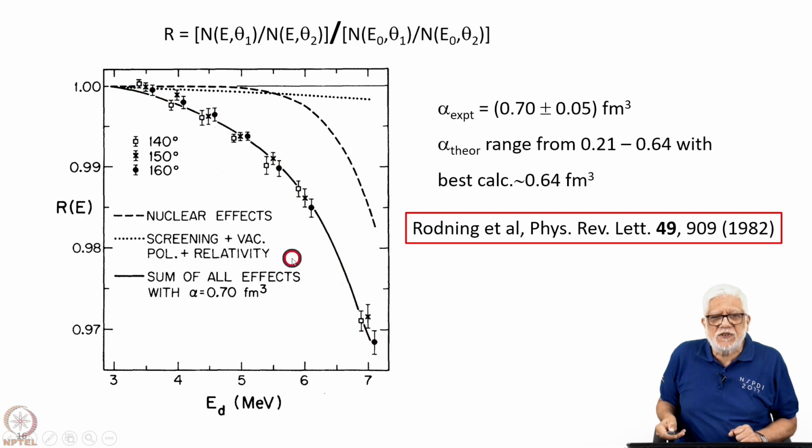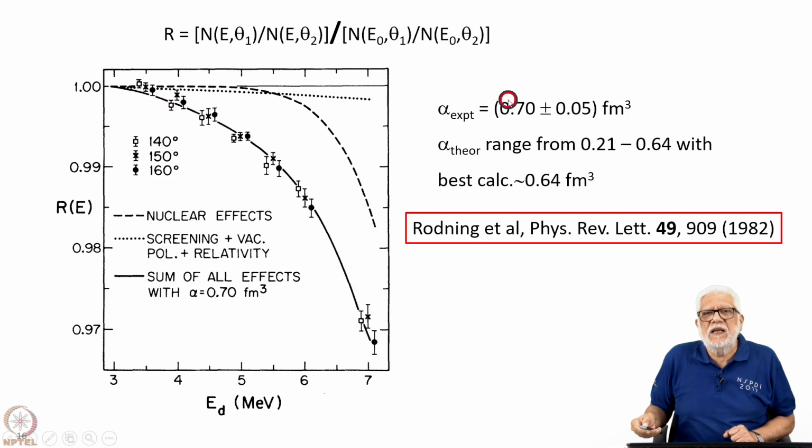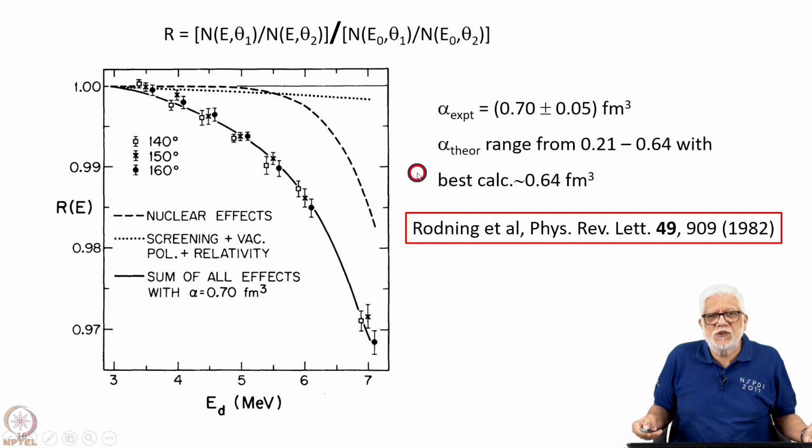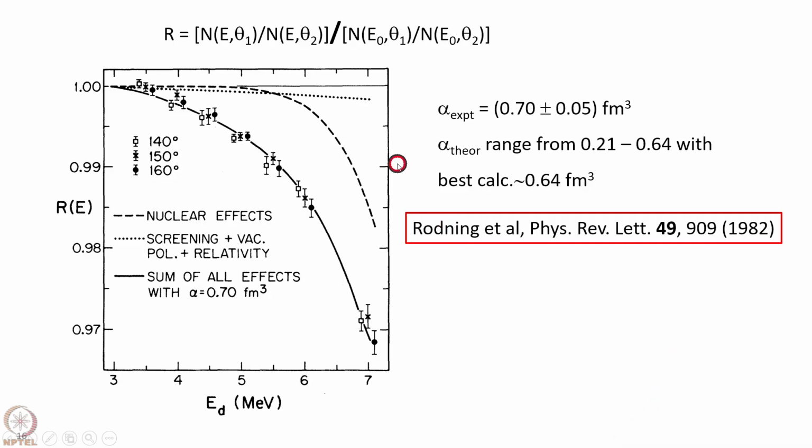This is almost like 3% close to the Coulomb barrier, and from that they calculate the polarizability to be about 0.7 plus minus 0.5, and the best calculations, of course, are about 0.64. So, there is a difference, but within error bars this agrees, and so this is another electromagnetic response of the deuteron that has been measured fairly accurately.